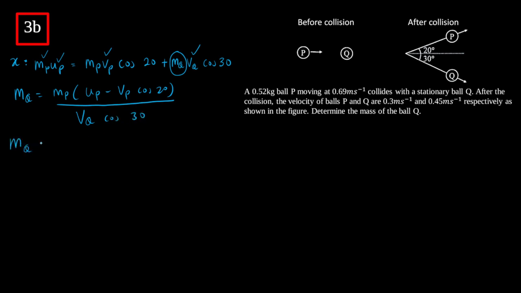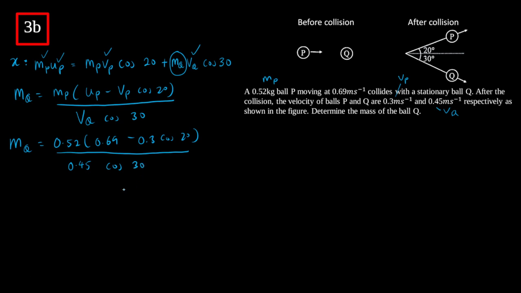and I can substitute the values. So mp is going to be this one, 0.52, and then up is 0.69 minus vp. So vp is going to be 0.3 cos 20 degrees over, again, vq, it's going to be this one, 0.45 cos 30.